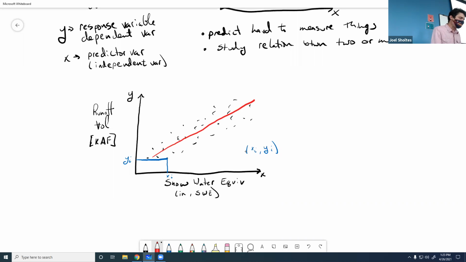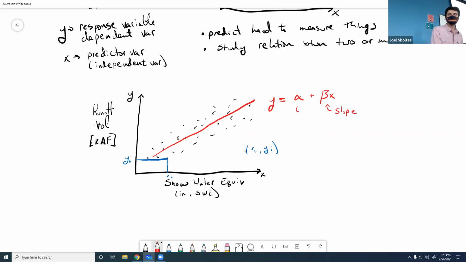And what this line says is, y is equal to, there's different symbologies, but I'm going to just do this alpha plus beta x. So y is equal to mx plus b in this case. We have the slope.